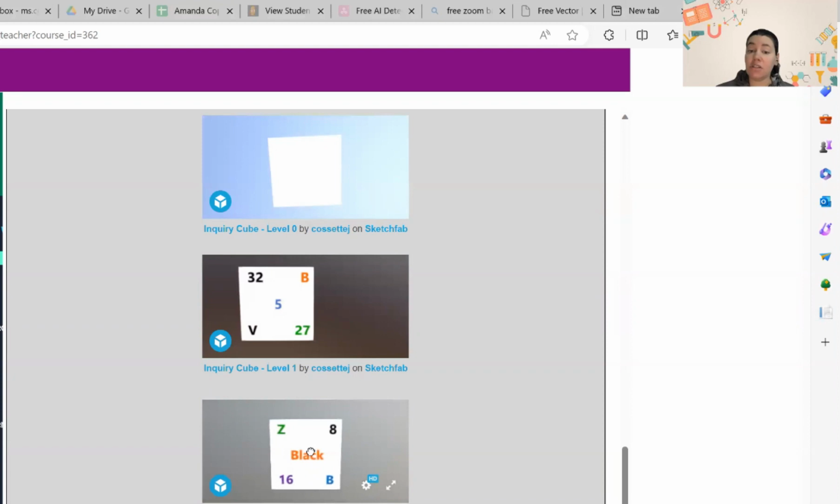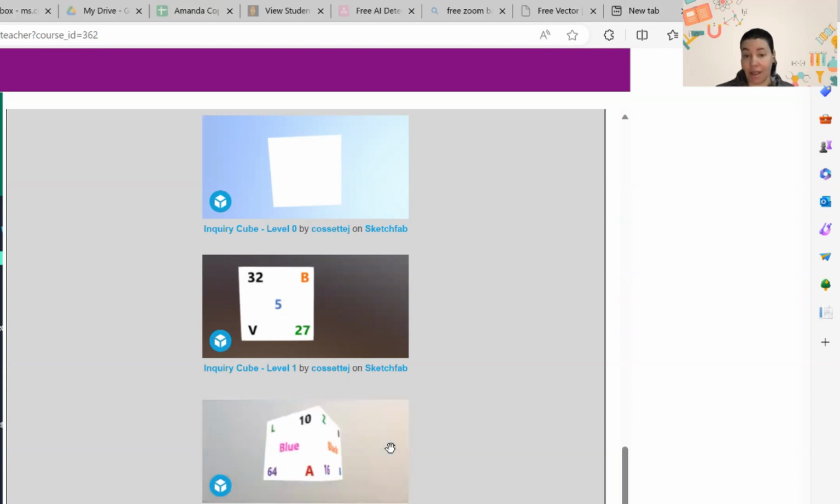Okay, so I'm just looking at the colors, right? So what do you notice about the colors, right? So one thing I notice is black is in orange and orange is in black.